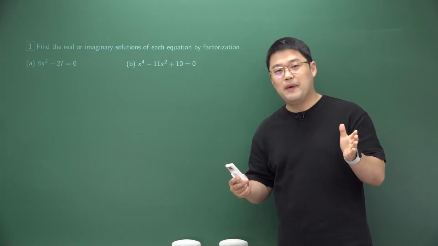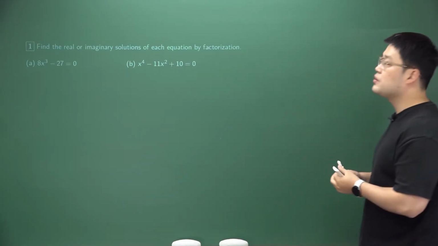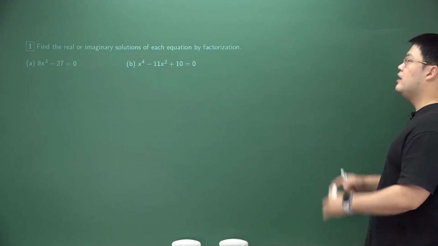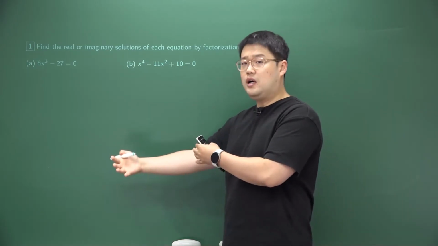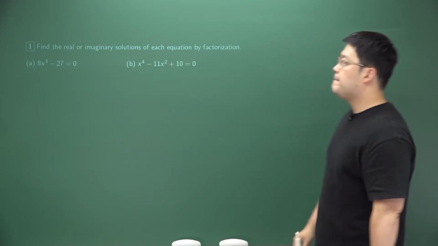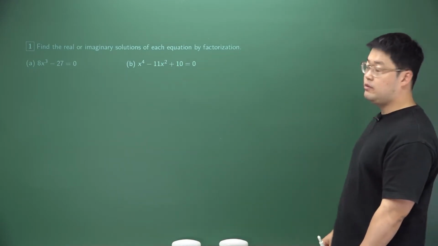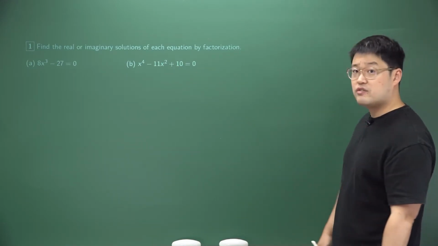Hi everyone, welcome back. Let's begin with a new topic, which is going to be application of polynomials. For the first part of this lecture, especially for the subtopic, I would like to go over something about difference of cubes.